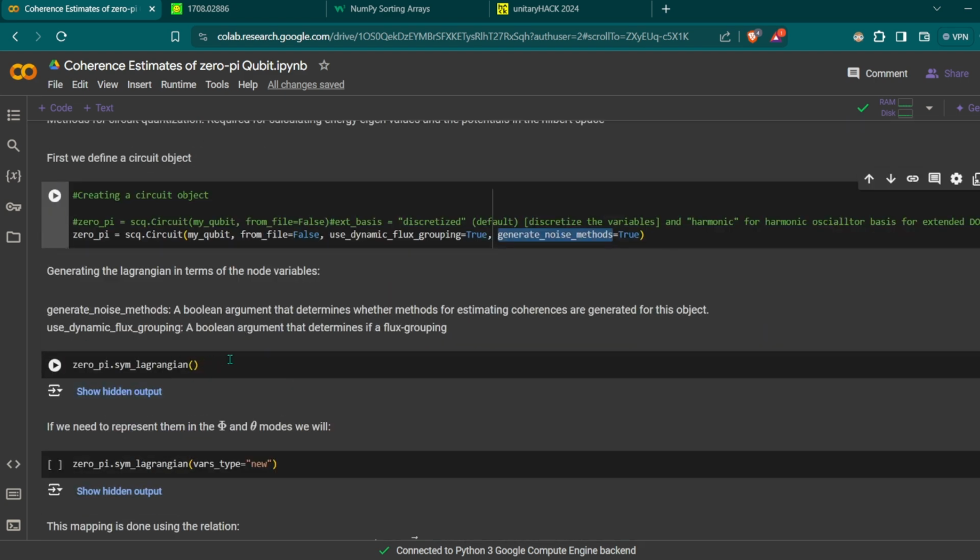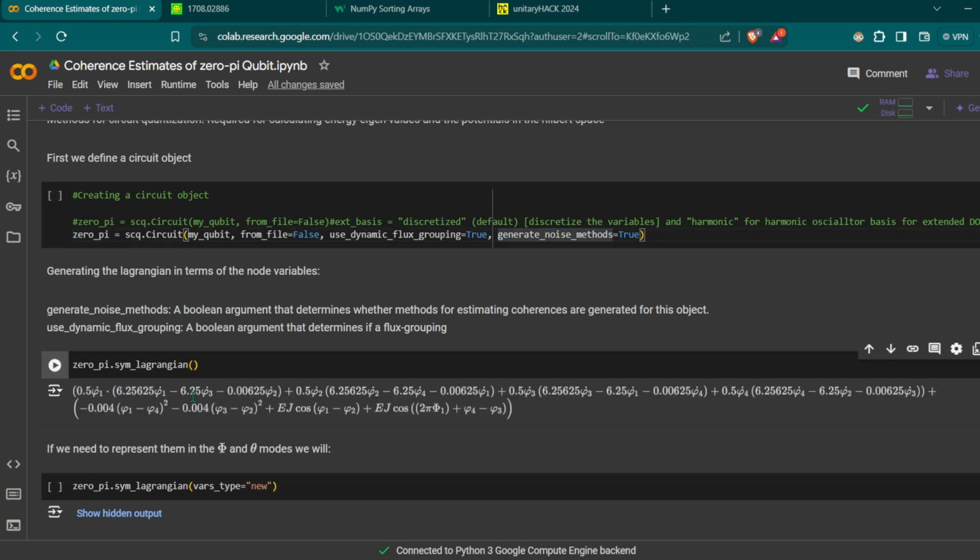To calculate the Lagrangian, we can directly call the method sim Lagrangian, and it will show us the Lagrangian for the circuit in terms of phi. So what are these phi values? That is phi 1, phi 2, phi 3.